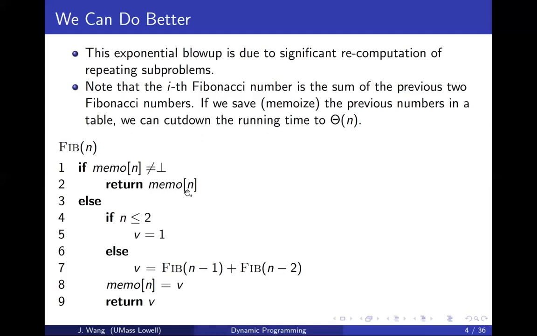The idea is we're going to use it to remember its value if it has been computed. Initially, its value is set to some value, nil. This upside down T means nil or null.